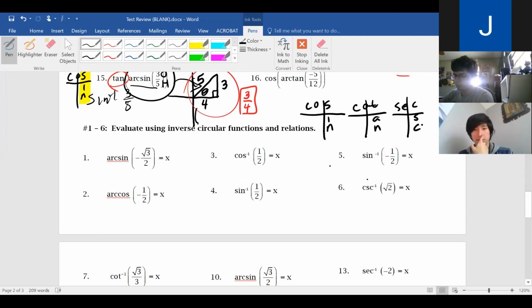So if your angle that you're looking for ends up in quadrant 4, your answer ends up having to be negative because you can't go through quadrant 3. So when you're looking for your answer, and it ends up being in quadrant 4, your answer has to go this way and be the negative value for it.